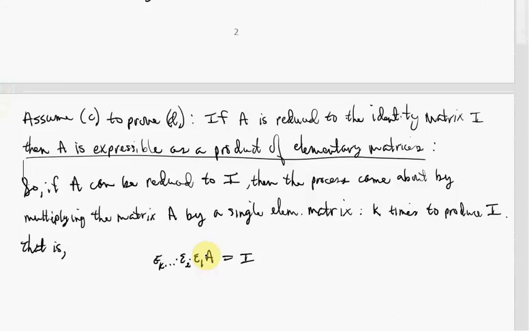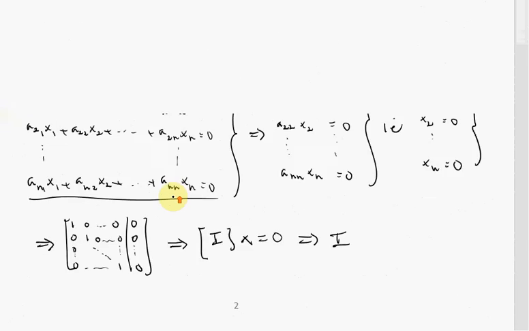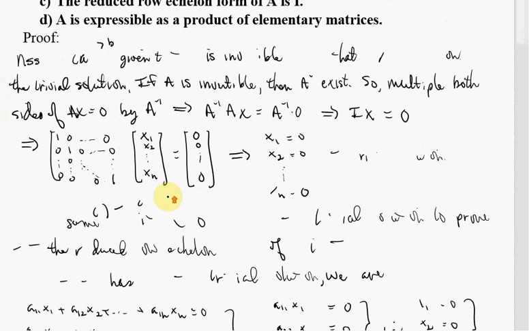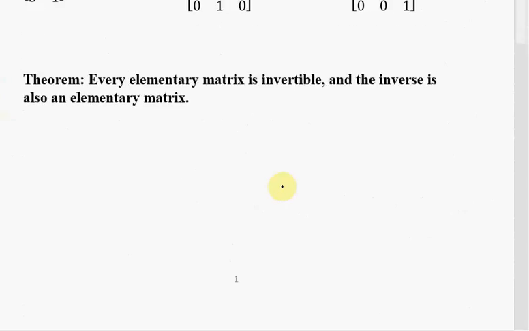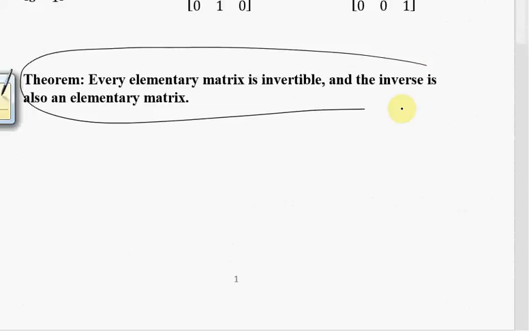That's all they're saying. Well, I need a fact. I need a corollary, a lemma, some axiom to tell me how I can break this down. We have it. Here's the theorem. Every elementary matrix is invertible, and the inverse is also an elementary matrix. So if I have an elementary matrix, this theorem says that its inverse exists.